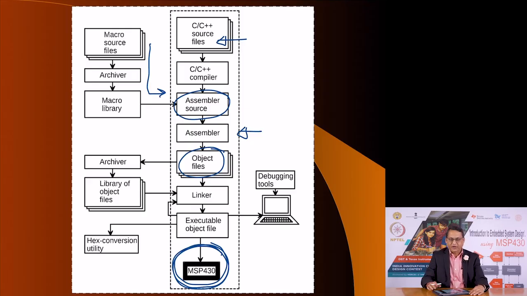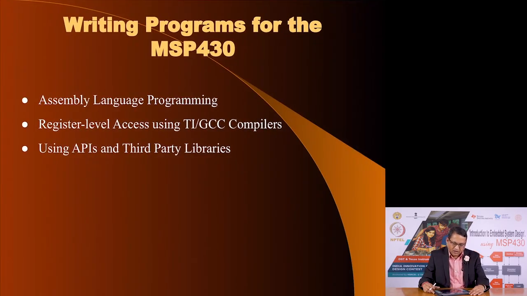Now, you can write your program for the MSP 430 irrespective of the platform, meaning the development environment, which could be CCS or GCC, or it could be IAR, and you could choose to program in pure assembly language if you so wish.